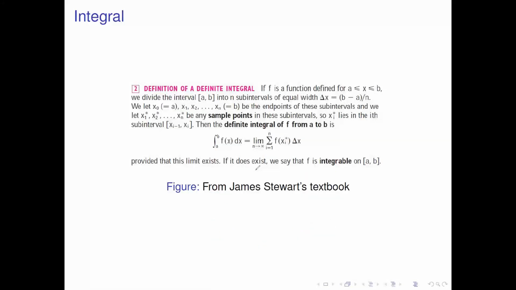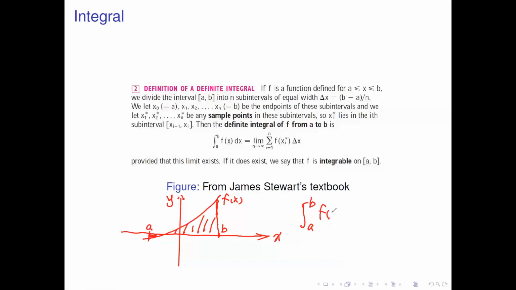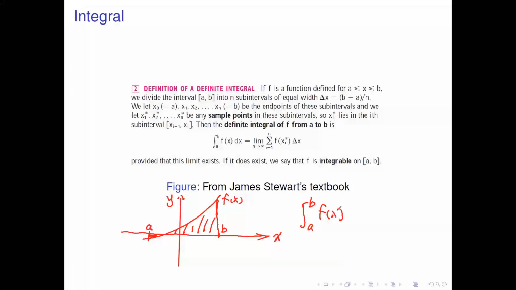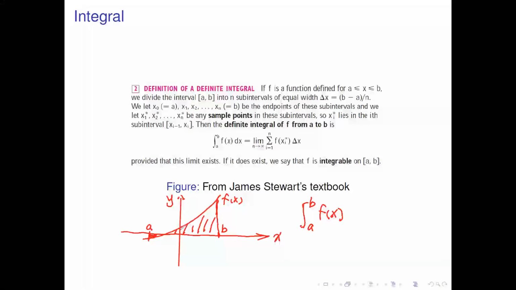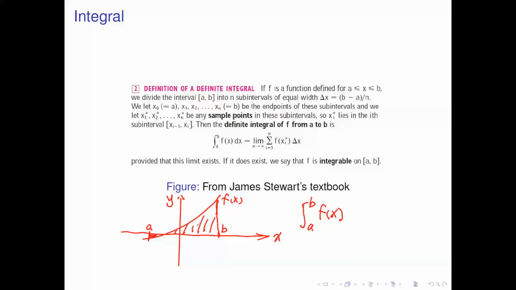Now, integral. Roughly speaking, for a continuous function f(x), the integral from a to b is the area between a and b.